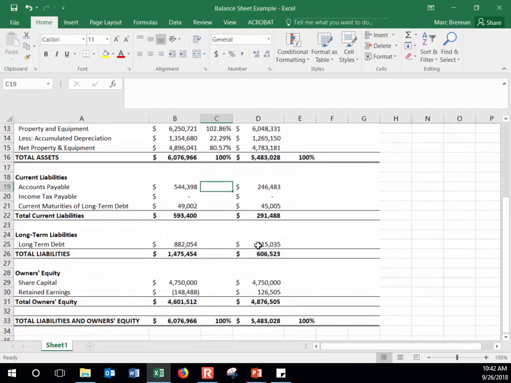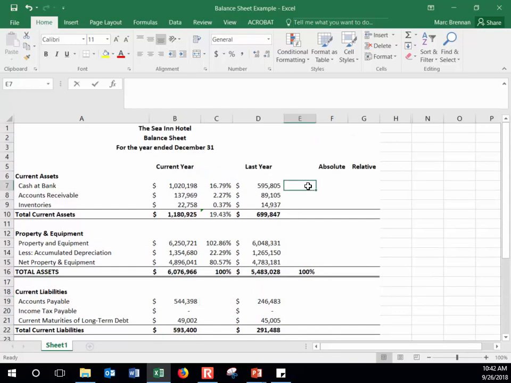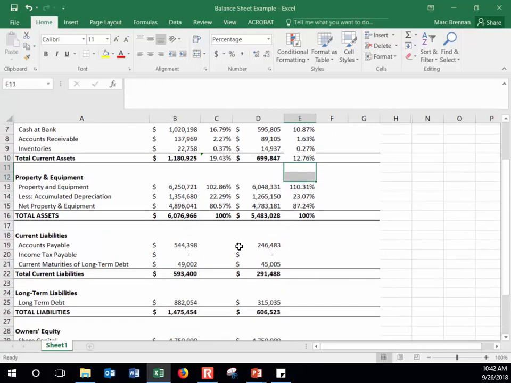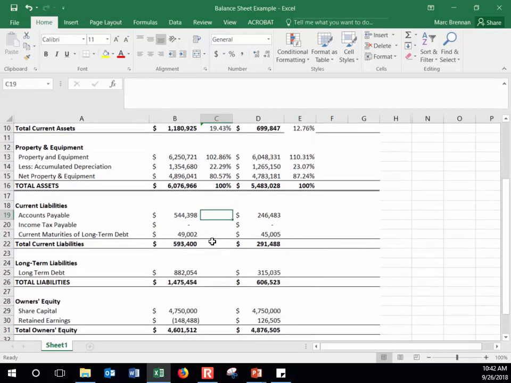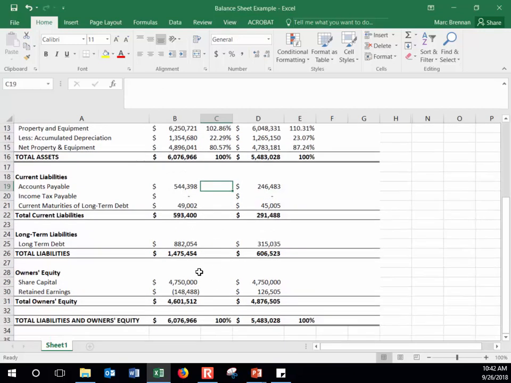So when we come down to our, well, we can do the same here, sorry. And now I'm going to use Excel to speed things up a lot. Every line for my assets will be divided by my total assets. Then for my current liabilities and all my liabilities and owner's equity, remember there's two ways.